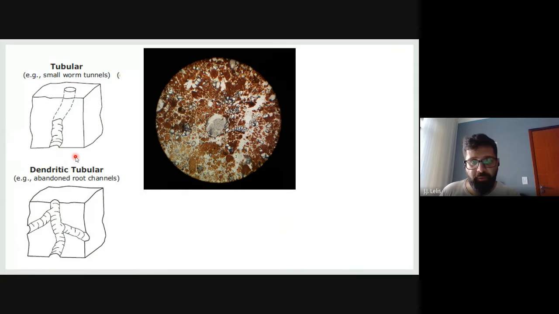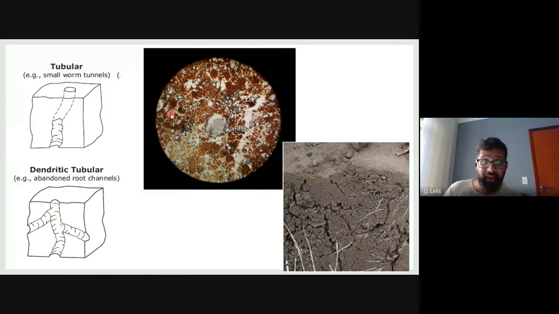We have other types of voids, of pores: the tubular or dendritic tubular voids. These voids express the action of life, the action of termites, ants, worms.